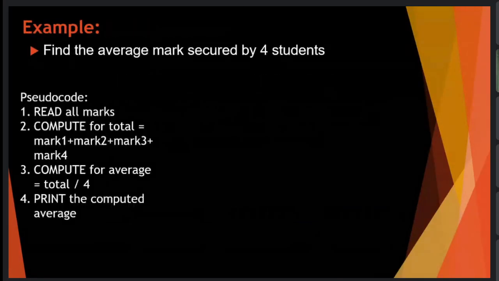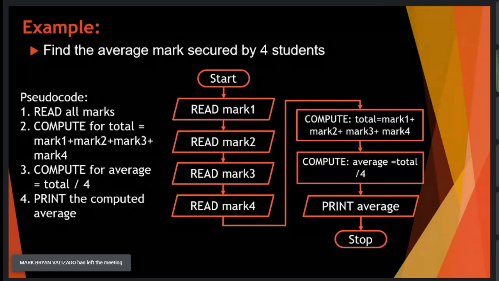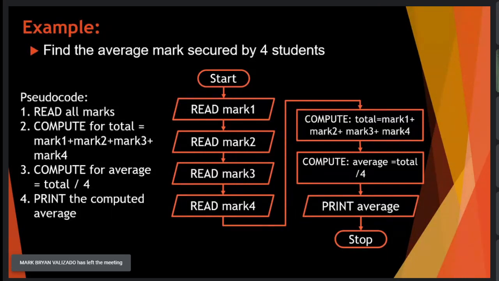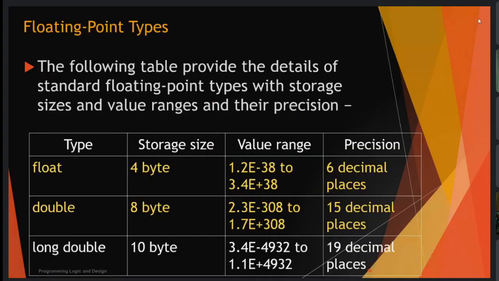We have already implemented this as a pseudocode and as a flowchart. Next meeting we will implement this in a C program. So far, what we have learned is using the data types and how to print them on screen. Next meeting we'll also learn how to read input from the user.